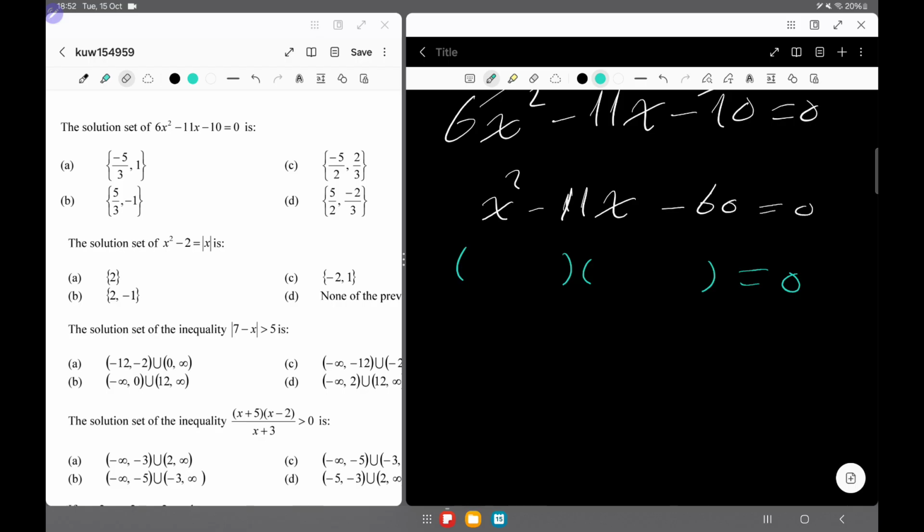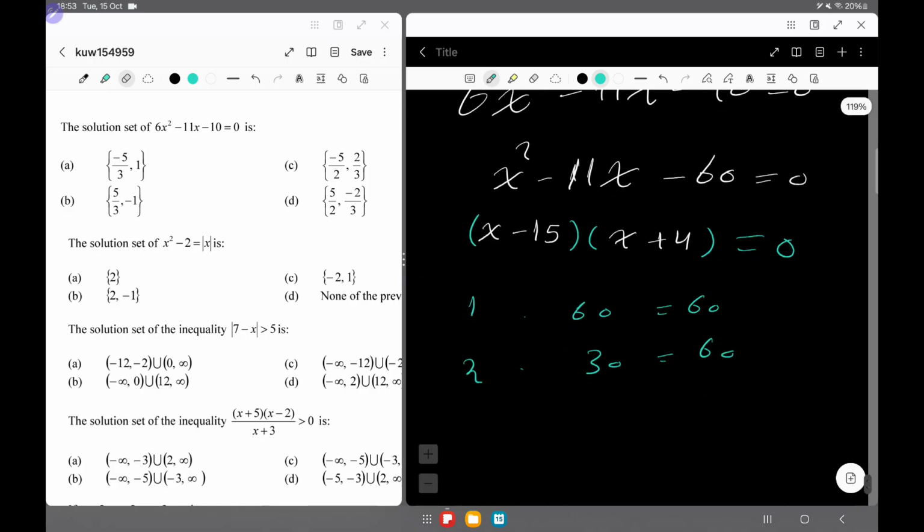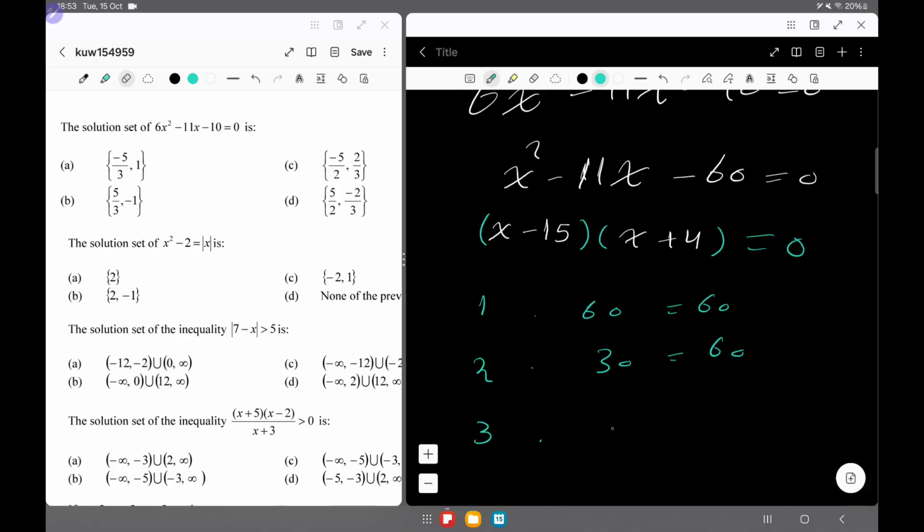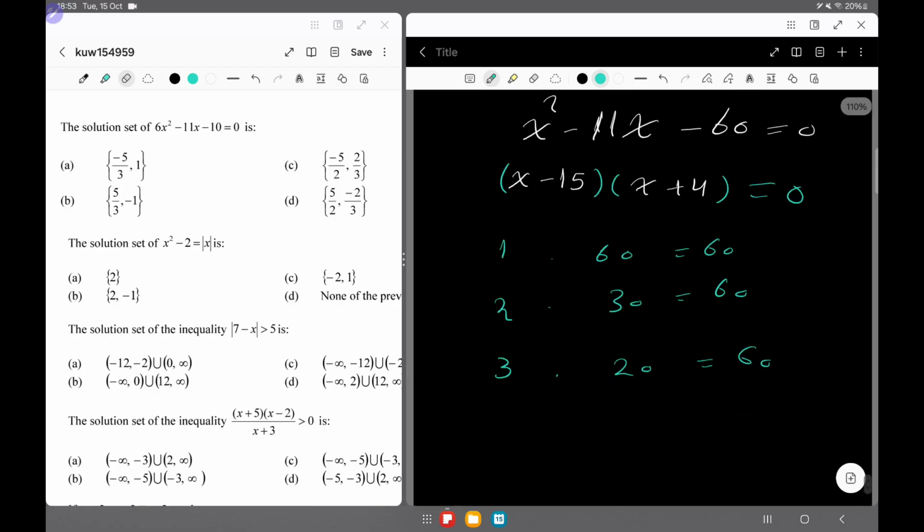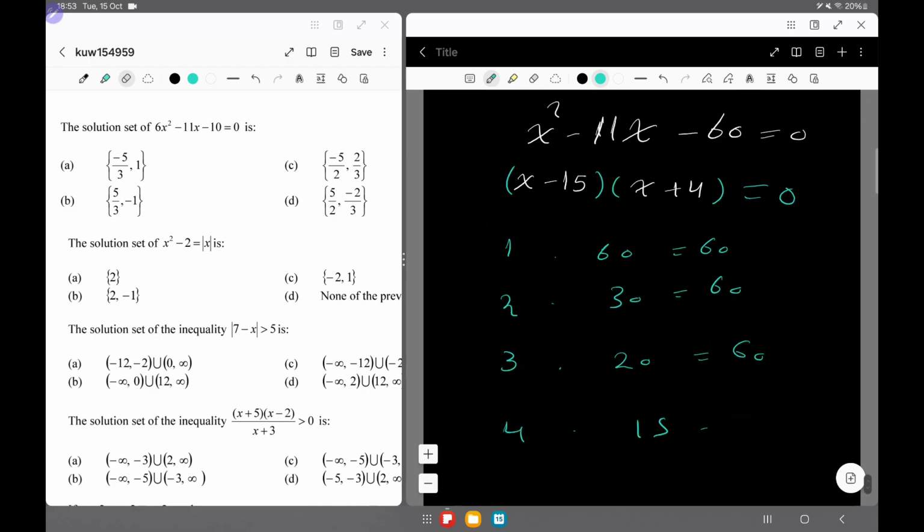Two numbers whose multiplication is negative 60 and whose sum is negative 11. The numbers are x minus 15, x plus 4, because this times this is negative 60, and this with this is negative 11. You may ask how I find 15 and 4. You have to write, for example, 1 times 60 is 60, 2 times 30, 60, 3 times 20, 60, 4 times 15, 60.